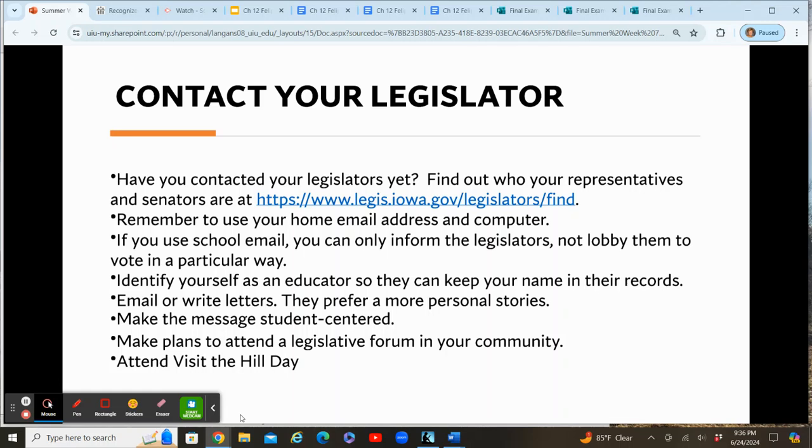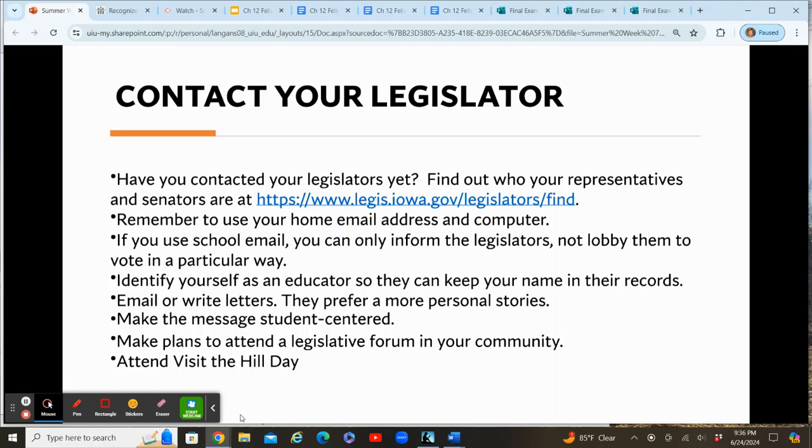Attend legislative forums in your community. Most communities will have forums that you can go and ask questions. And I tell you, when I became the president and president-elect of ISCA, I went to my first legislative forum. I had never been to one before, and I got up and talked about making sure school counselors remembered, and I can't remember which bill it was they were talking about, but it was an education bill, and I got up and talked about why it was important to also include school counselors in that bill.